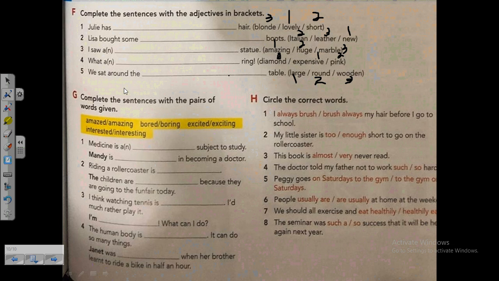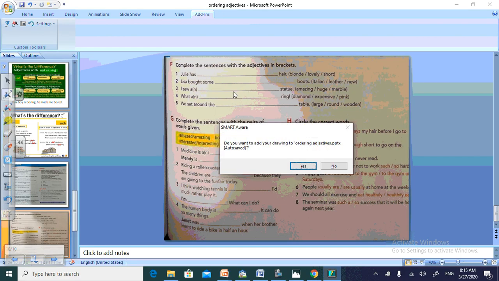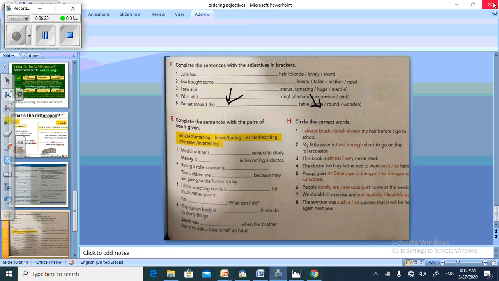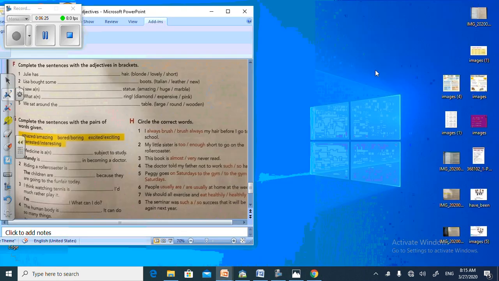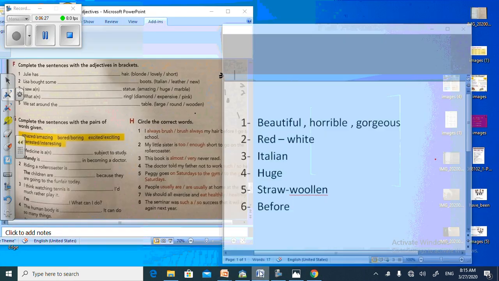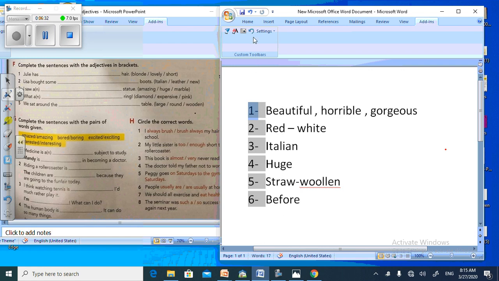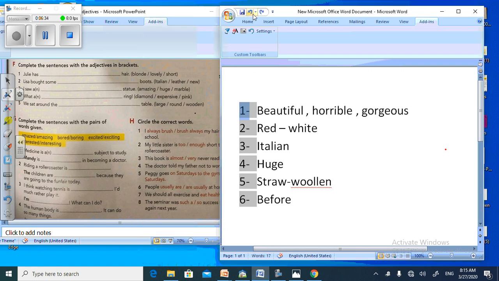Okay, so let's minimize it here and write the examples and answer here. So, number 1, medicine is an interesting subject.